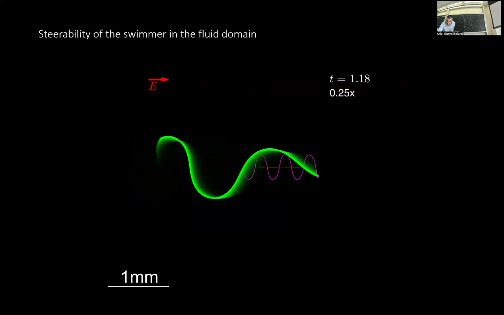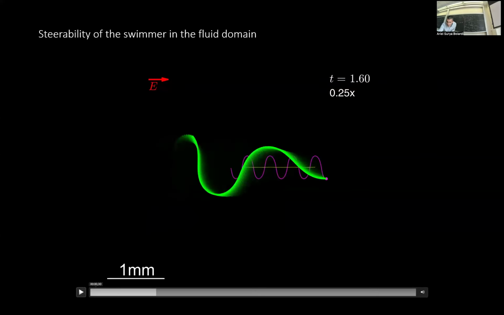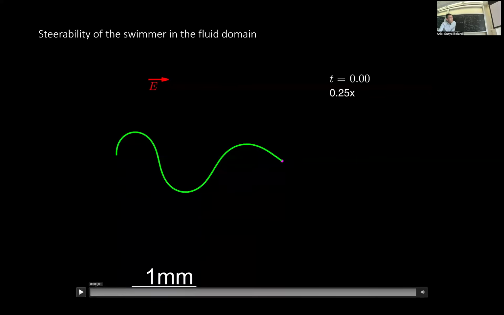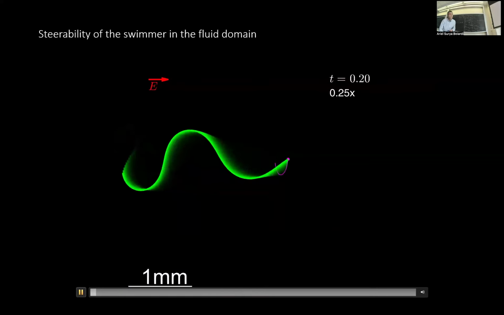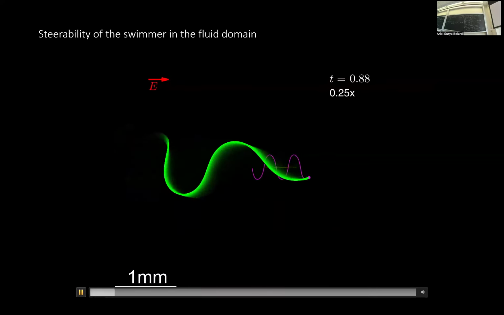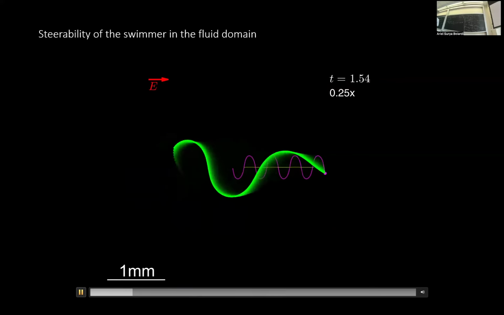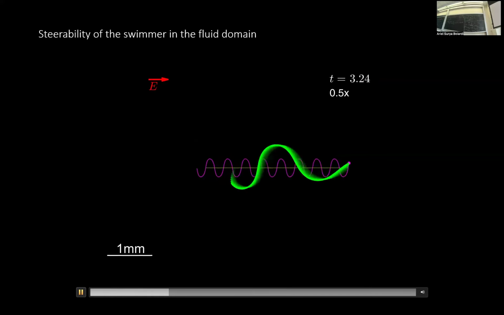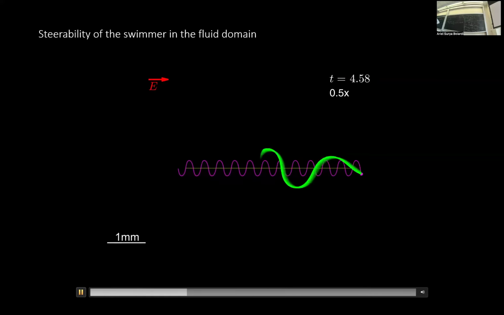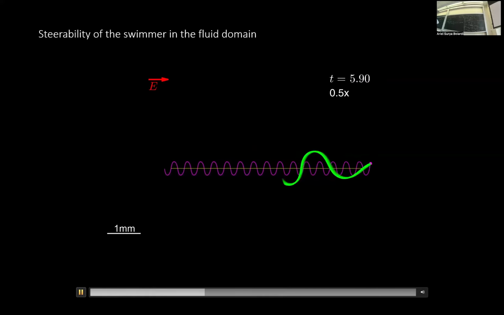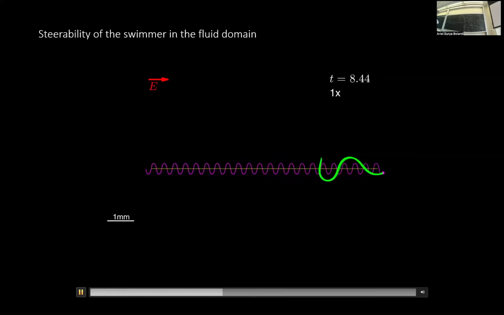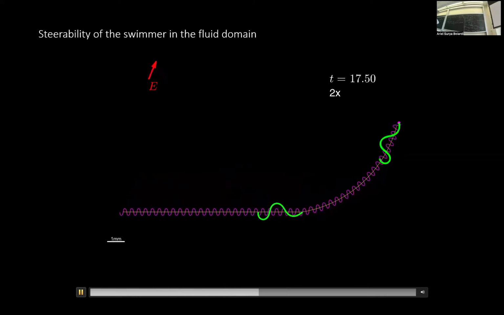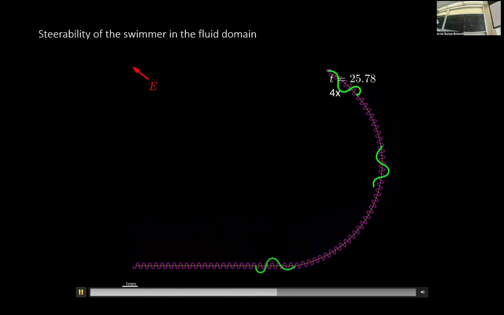Here the same thing is happening as in the previous simulation, but then we start to rotate the electric field at some point, and the swimmer follows the direction of the electric field.